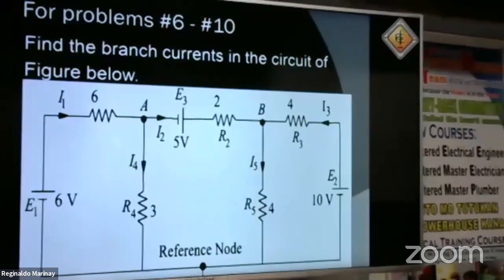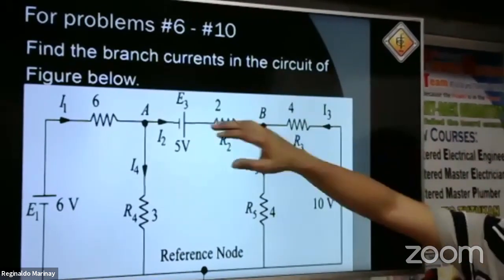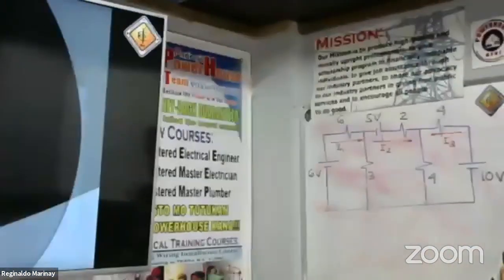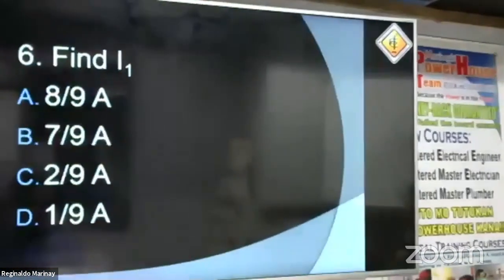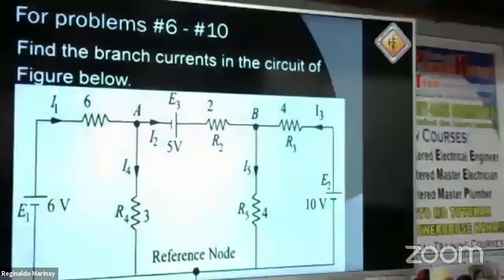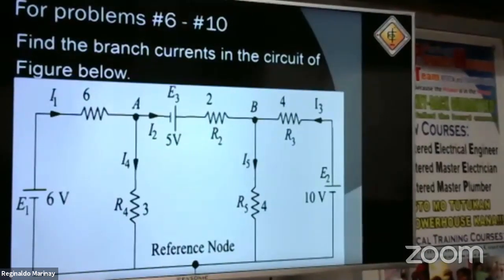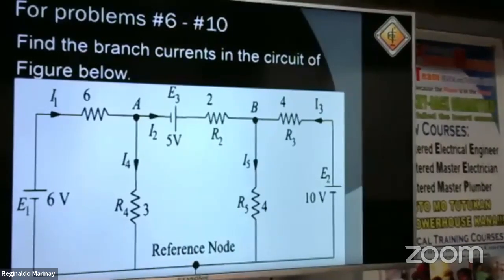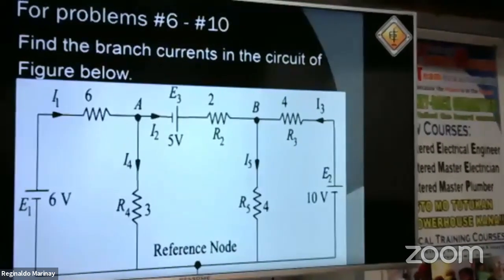Okay, so let's have now the problems. This is from 6 to 10. I already drew the circuit on the board. In here, the problem is all the currents. Let's take a look at the current.